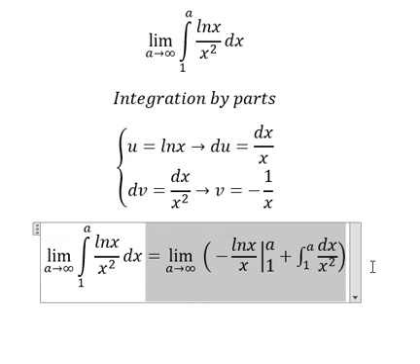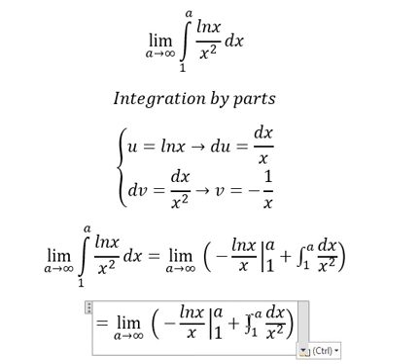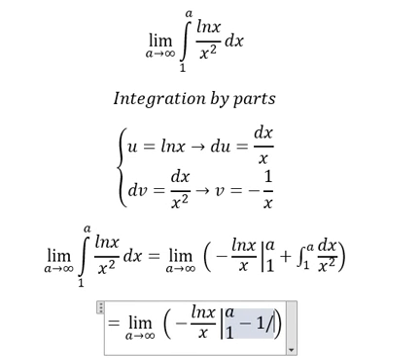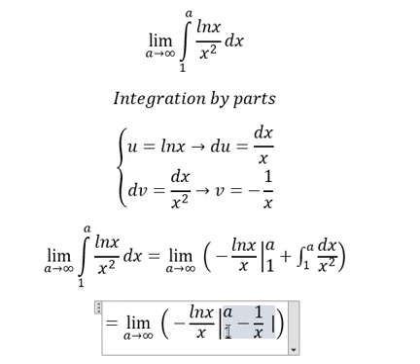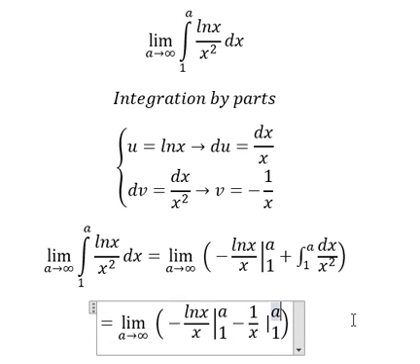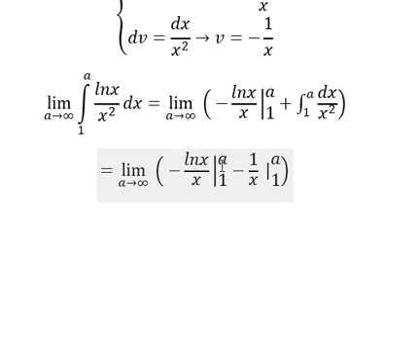Next, the integration of this one, we have negative 1 over s, and we put the bounds same with this one, from 1 to a. And now we put the bounds going here.